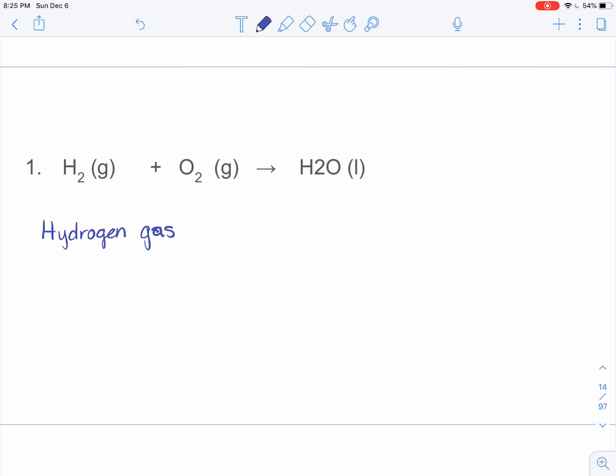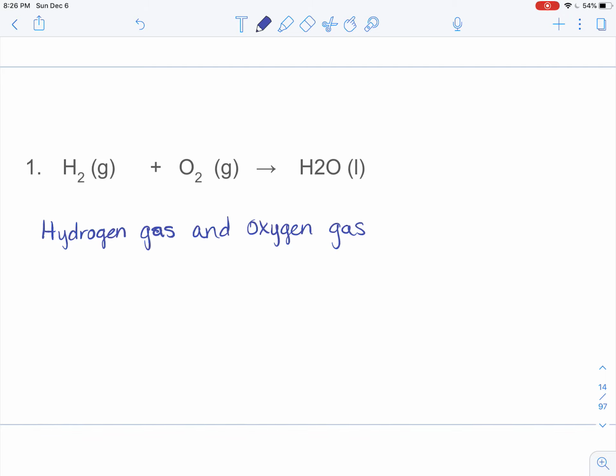And O2 is oxygen, oxygen gas. You don't need to worry about the 2's next to them, okay? It does not need to be dihydrogen or dioxygen, just hydrogen, just oxygen, because we know they're diatomic. That's why the 2's are there. So you don't need to add anything extra for those subscripts.